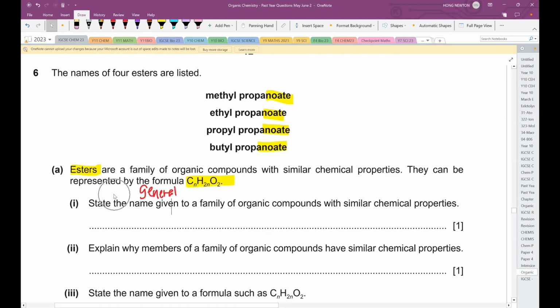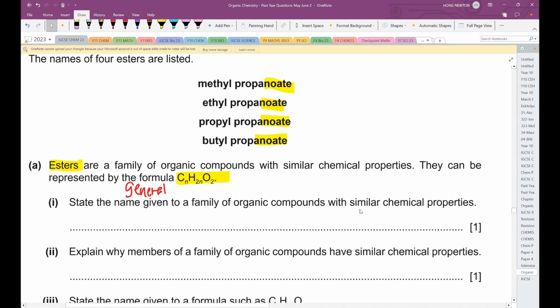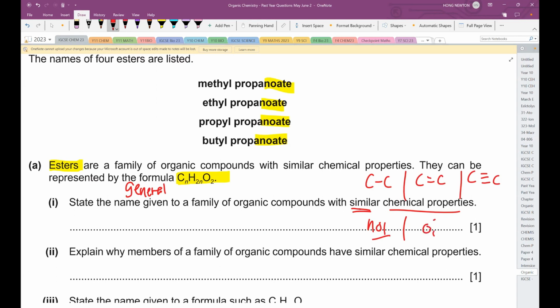It gives the name to a family of organic compounds that have similar chemical properties, meaning like single bond, double bond, triple bond, alcohol, carboxylic acid is OIC, or the ester is OATE.